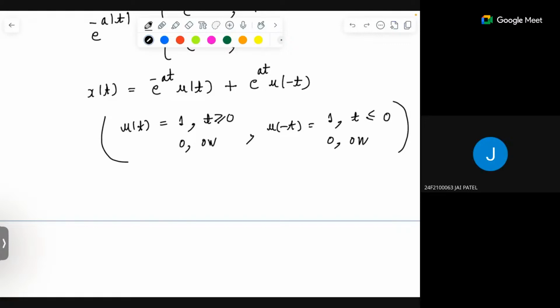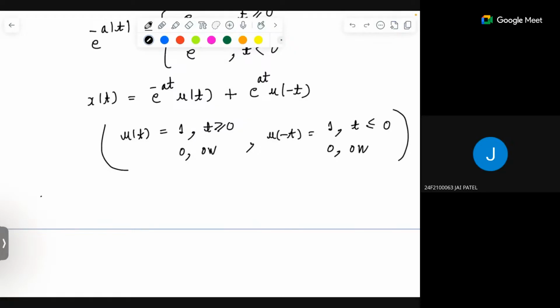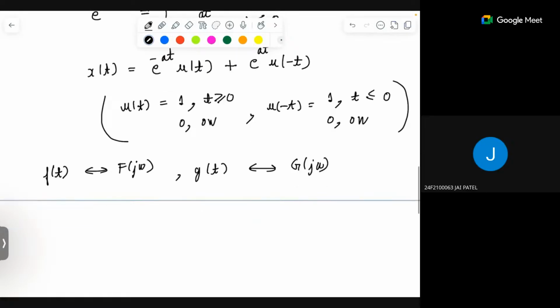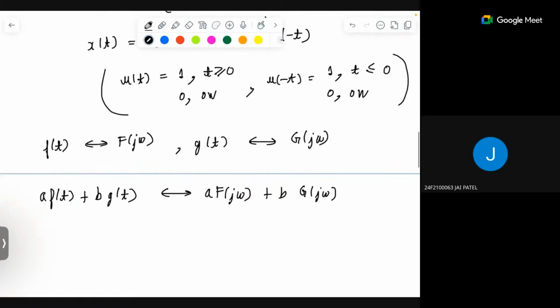Yes, ma'am. Okay. So suppose I have f and g. f of t has a Fourier transform F of j omega. g of t has a Fourier transform G of j omega. So a times f of t plus b times g of t will have the Fourier transform a times the Fourier transform of f of t plus b times the Fourier transform of g of t. This is the property of linearity.